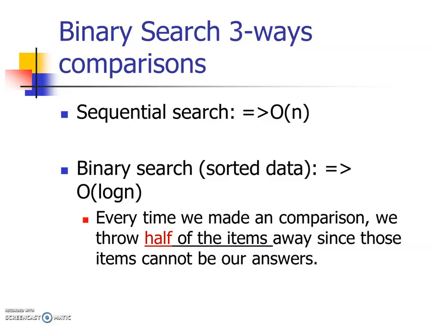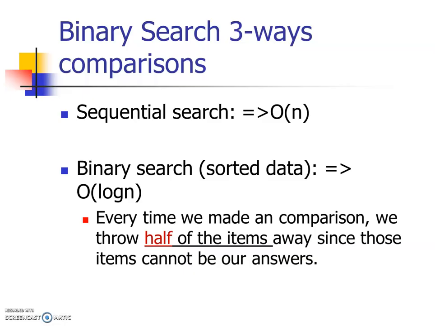If you have 1 million items, by doing one single comparison, you can ditch 500,000 of the items and understand that either the left side of the middle index or the right side of the middle index is where you need to search. With another comparison, you throw 1/4 of the items away. And that is, again, by doing one single comparison.